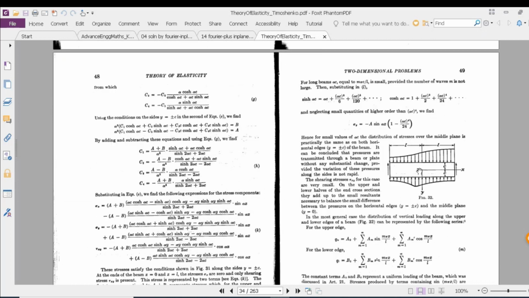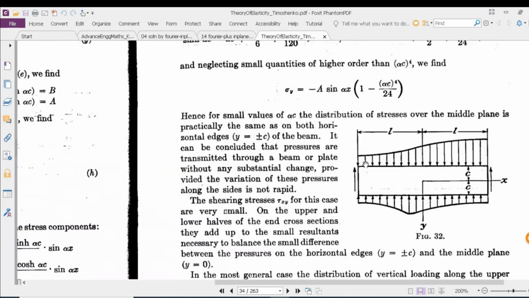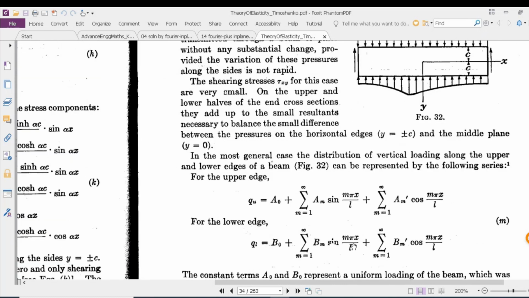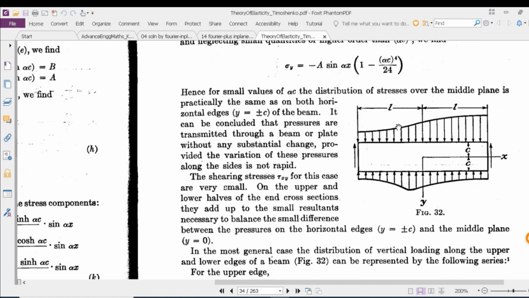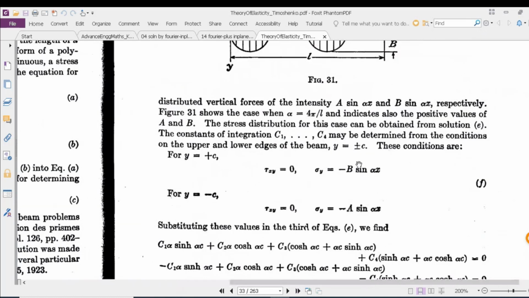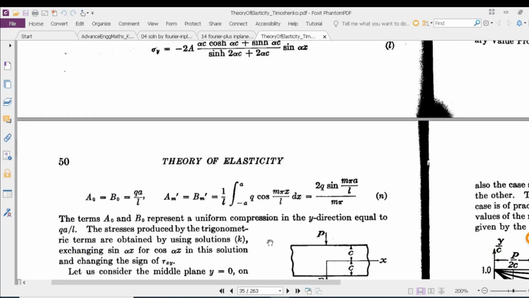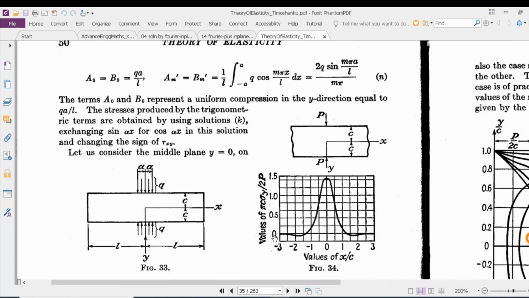So imagine if we have a function at the top and bottom in the form shown. In this case, we have to convert the top and bottom loads into Fourier series. Once these are converted into Fourier series, then we can get our boundary condition in a similar manner to the sine wave problem. We can also find out our stresses if we have a pointed load.